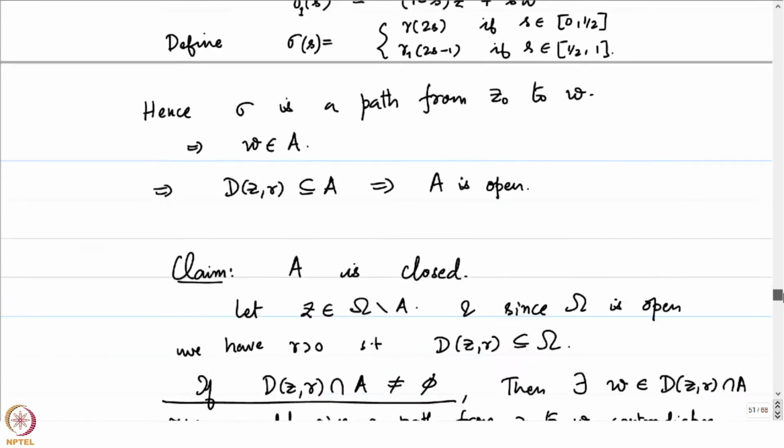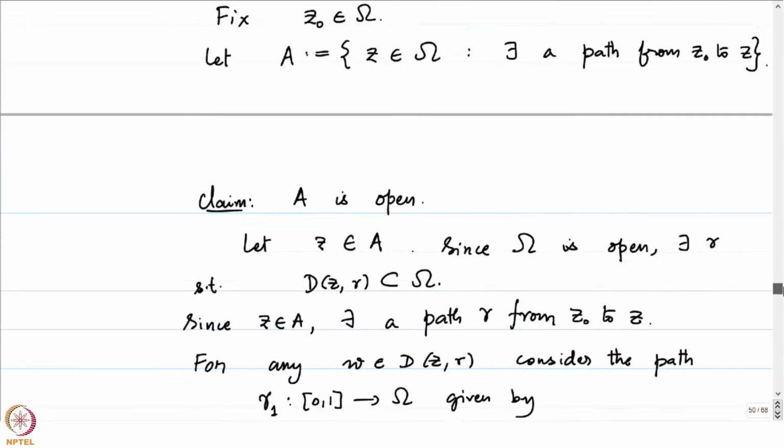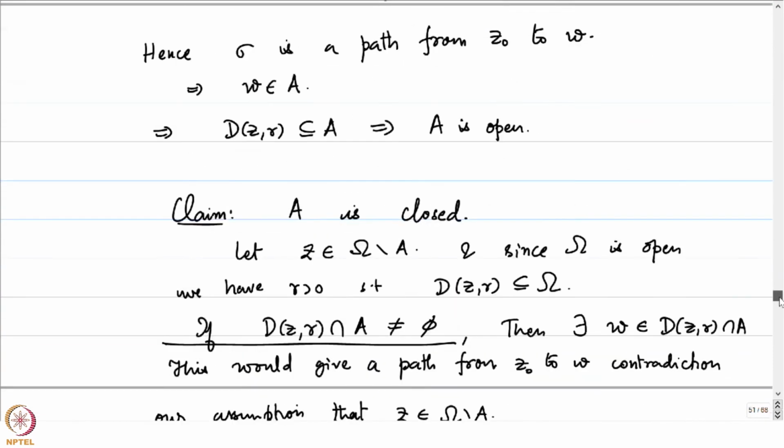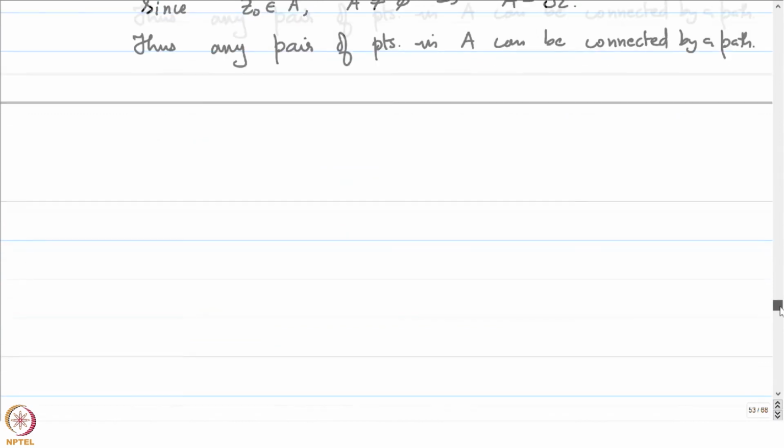Remember that we have used the fact that omega is open when we proved the forward direction. We first proved the backward direction and then we proved this forward direction. In the forward direction, we have indeed used the fact that omega is open in the proof. So we have now a characterization of connected open sets in the complex plane as being those open sets such that any 2 points can be connected by a path.